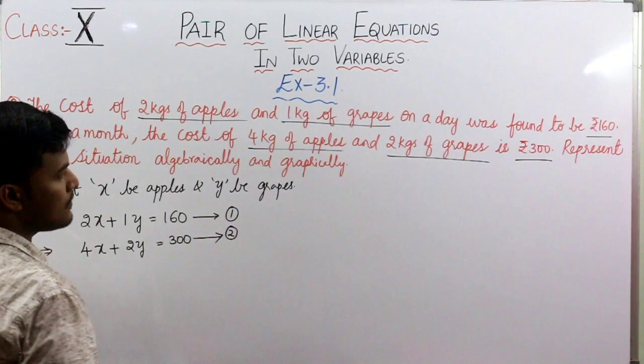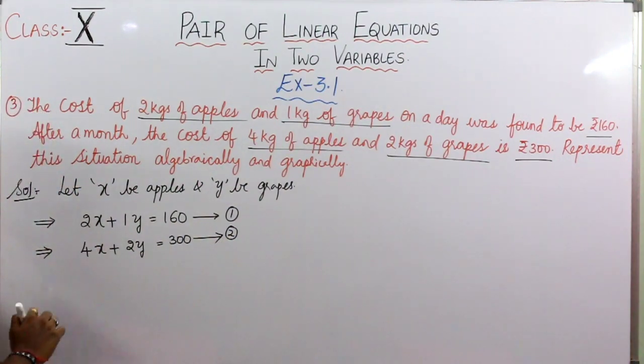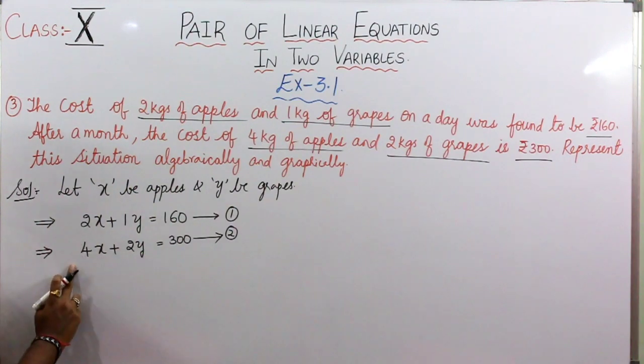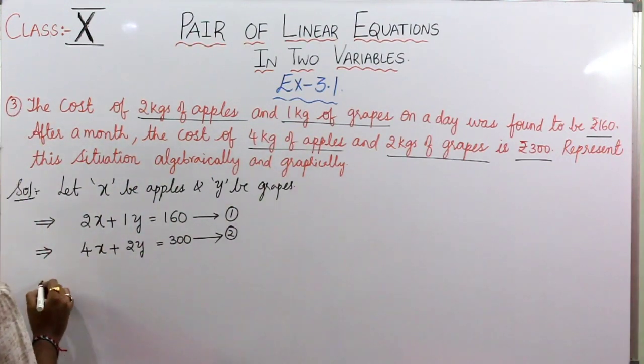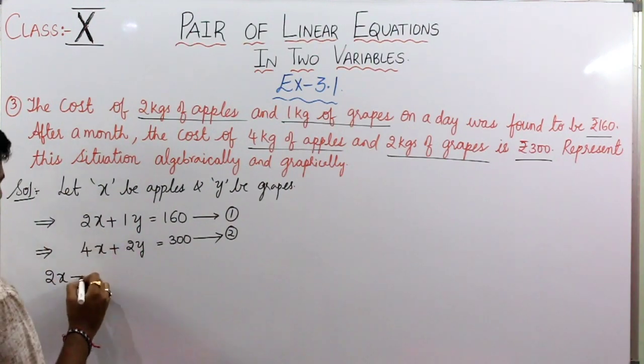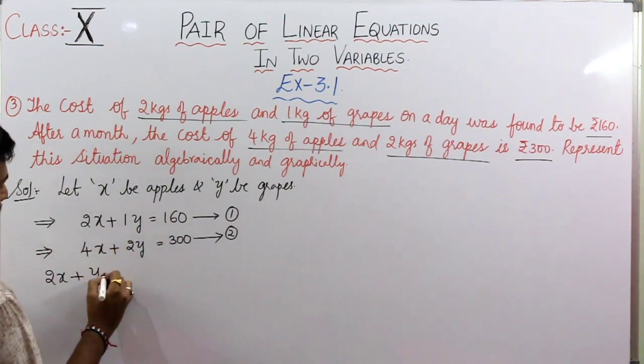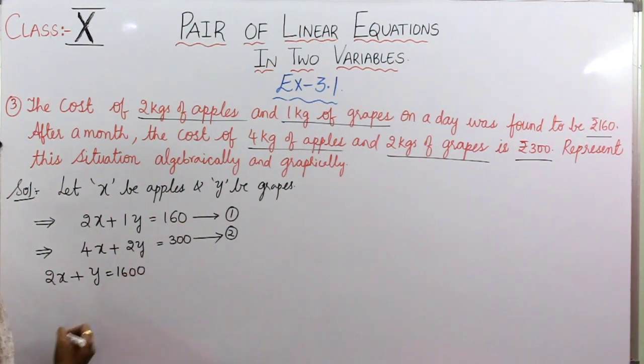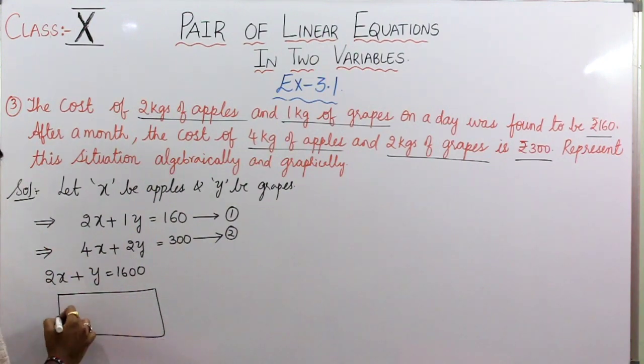So this is the algebraic way of representing a pair of linear equations in 2 variables. Now let us try to find them graphically. For that, we need to find their x and y values. So 2x plus y is equal to 160. From that, let us take this as an x, y table.